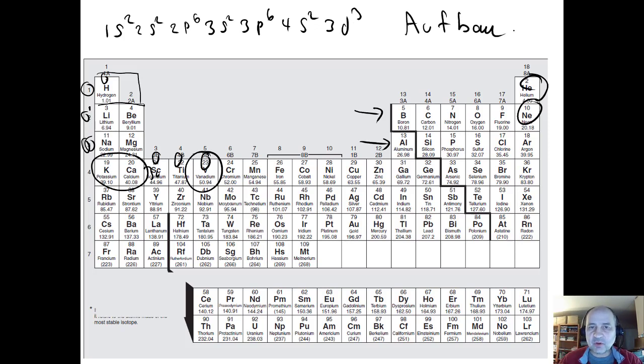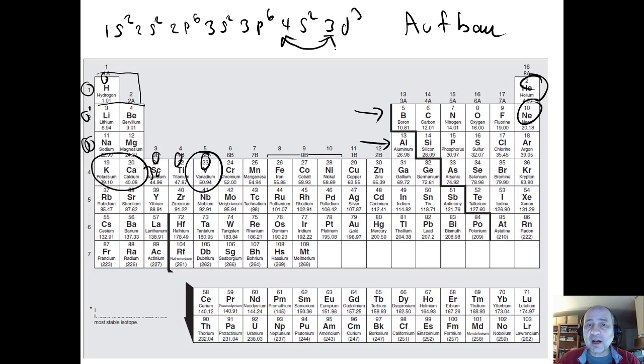And what happens when you do the ground state, logically the lower number is going to switch with the higher number. So the 3d and the 4s are going to switch in energy, and I'll try to explain that in a minute.